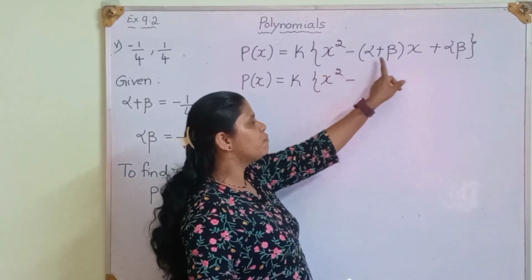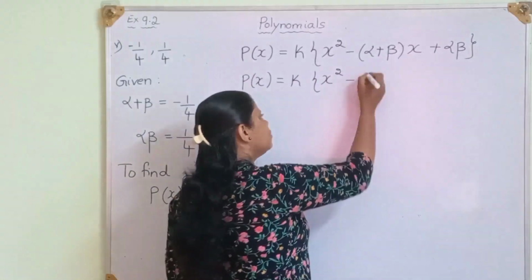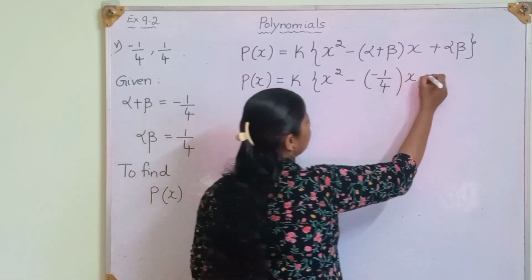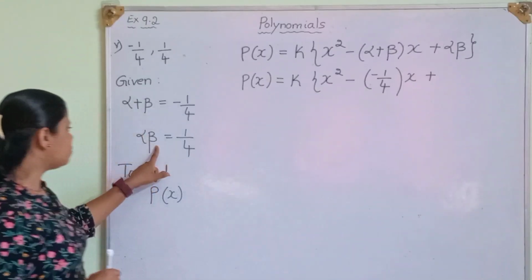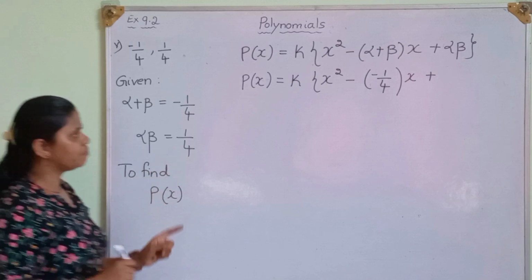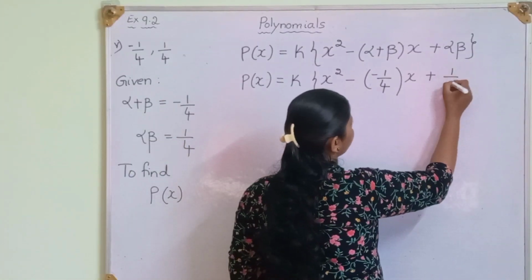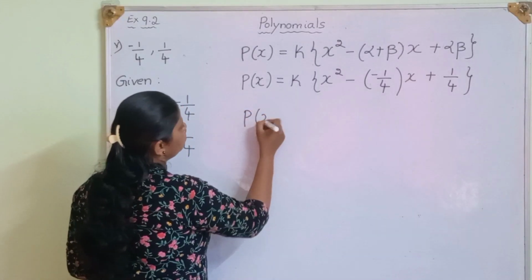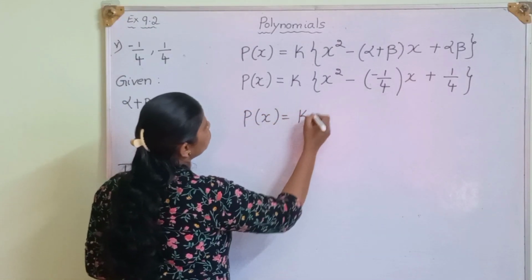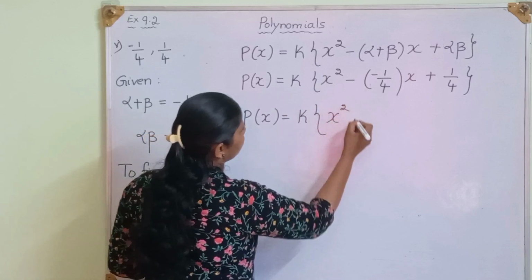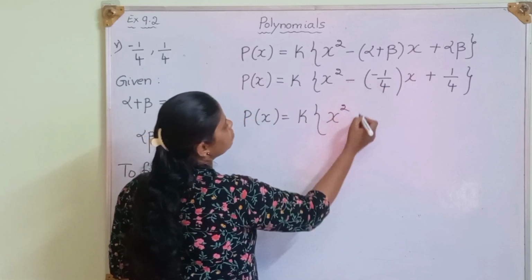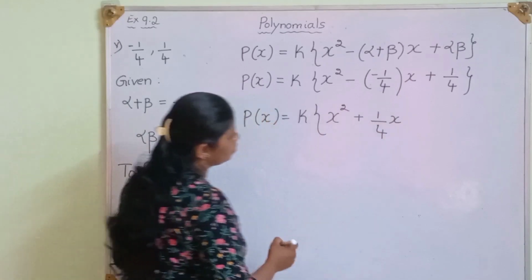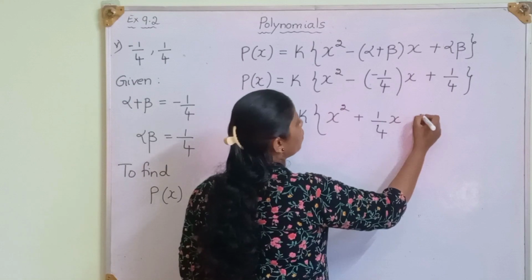So, in the place of alpha plus beta, let me write minus 1 by 4 into x plus alpha into beta, that is 1 by 4. P of x is equal to k into x square, minus into minus is plus 1 by 4 into x, plus 1 by 4.